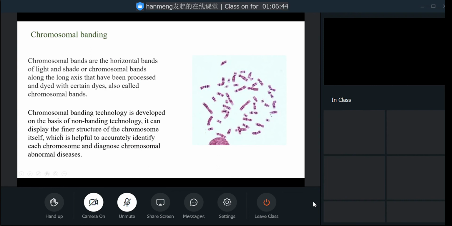It can display the finer structure of the chromosome itself, which is helpful to identify each chromosome and diagnose chromosome abnormal disease. Here, this picture shows the chromosome band of each chromosome.